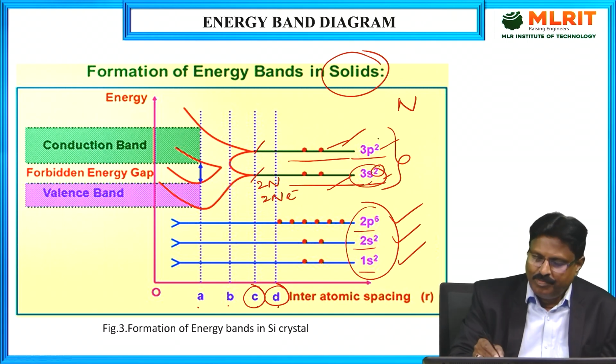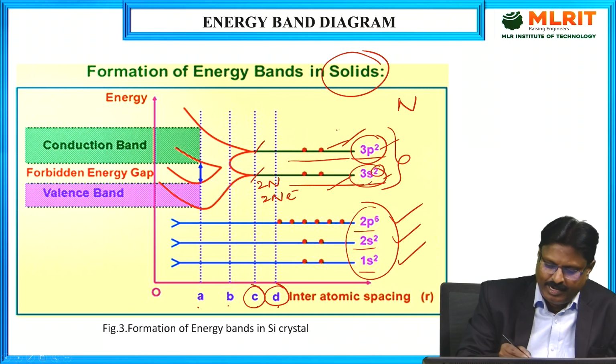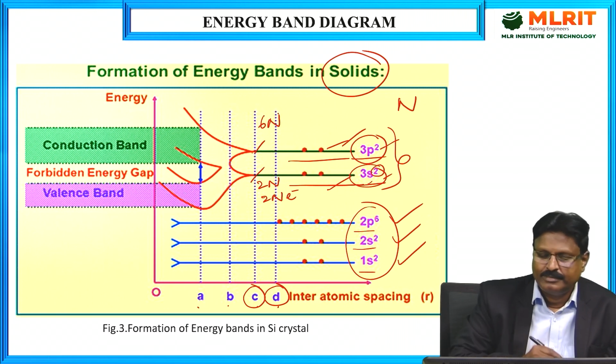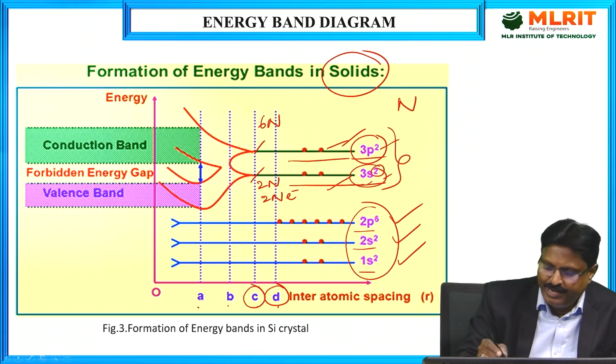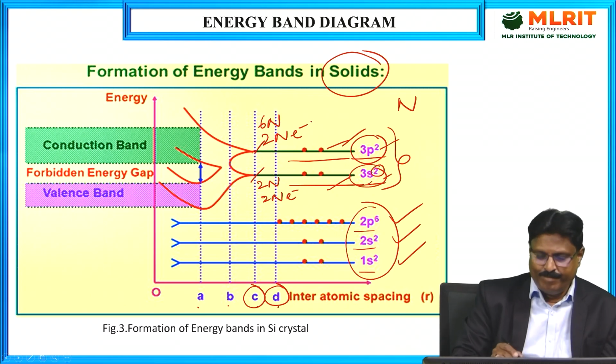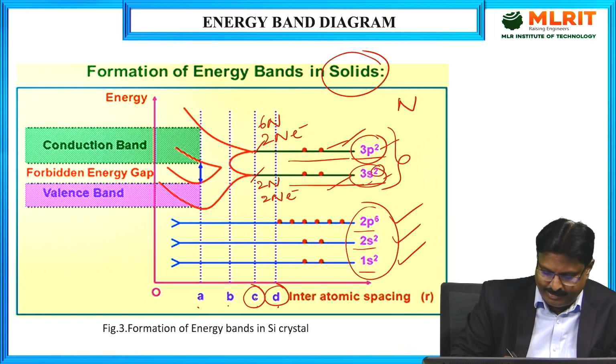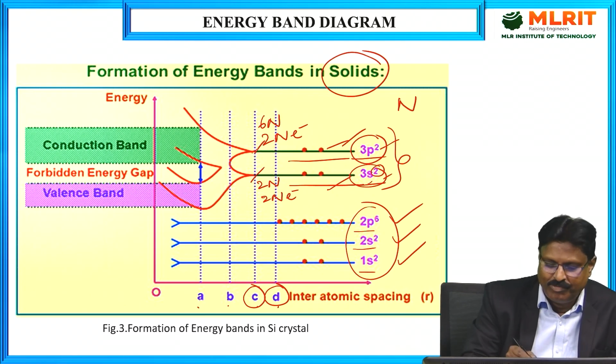And what about this discrete level, at R equal to C? The P subshell has 6N allowed states and 2N occupied electrons.